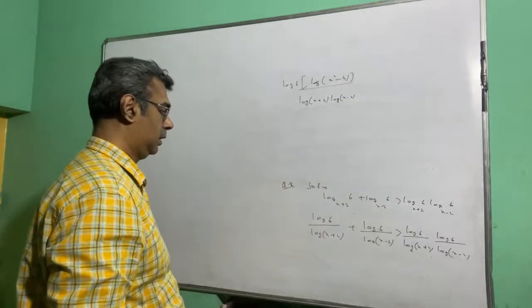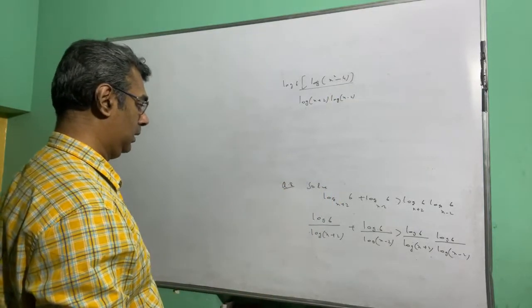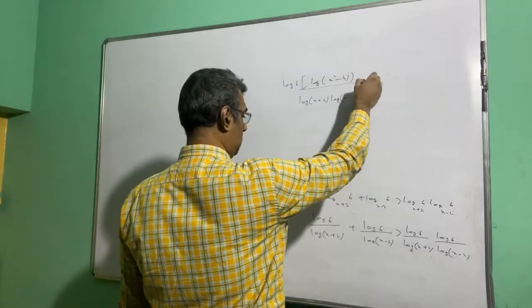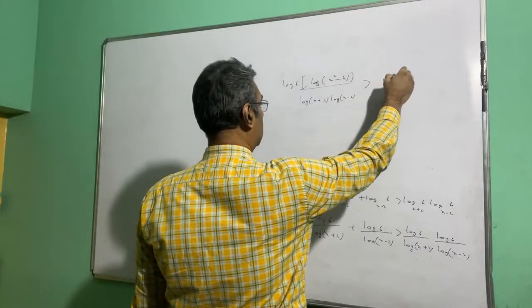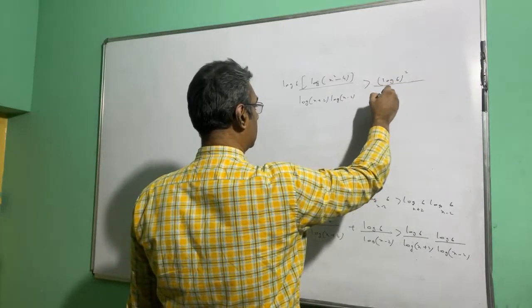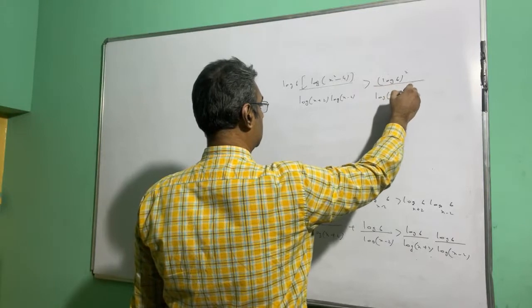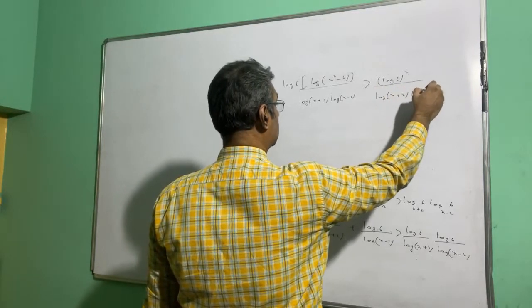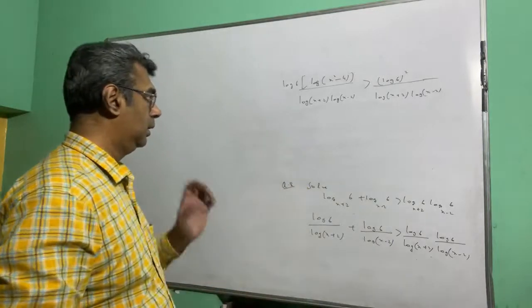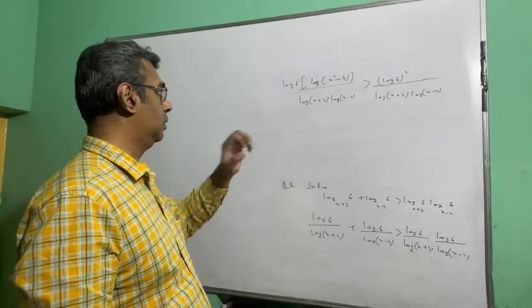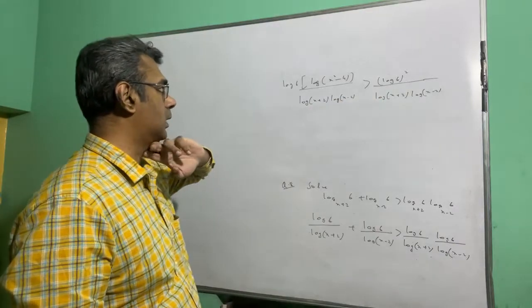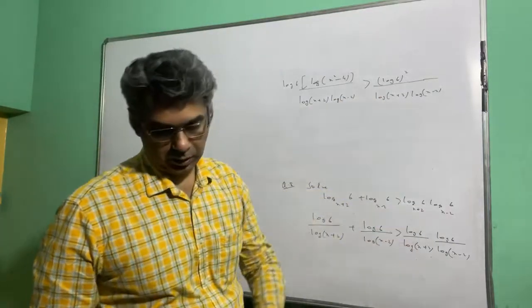So, log 6 into log x square minus 4 by log x plus 2 into log x minus 2 is greater than log 6 whole square by log x plus 2 into log x minus 2.